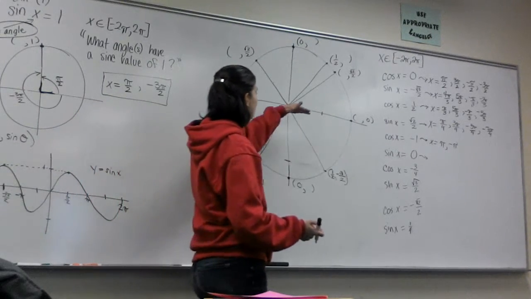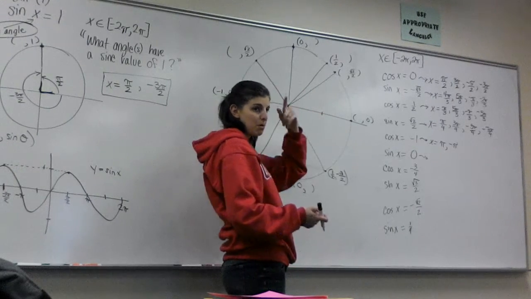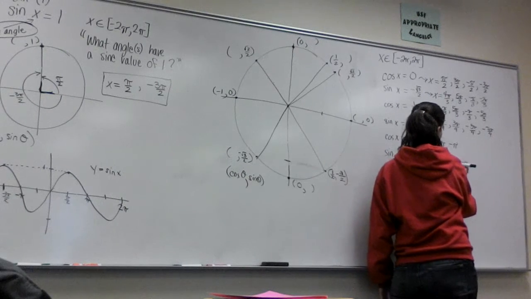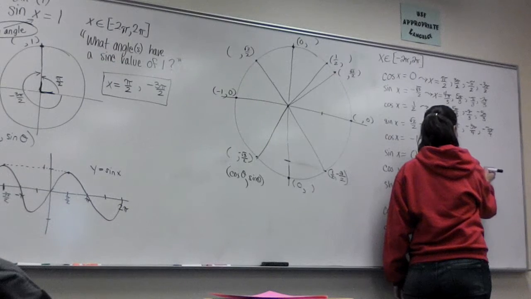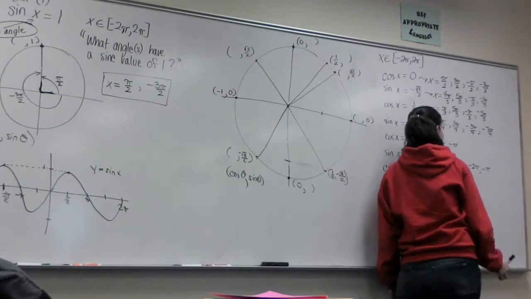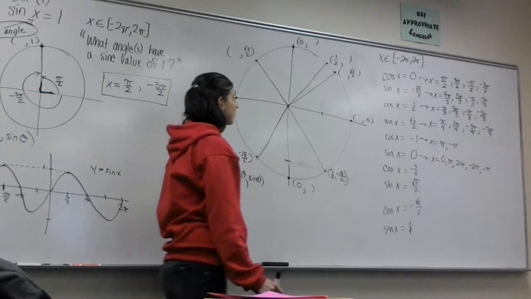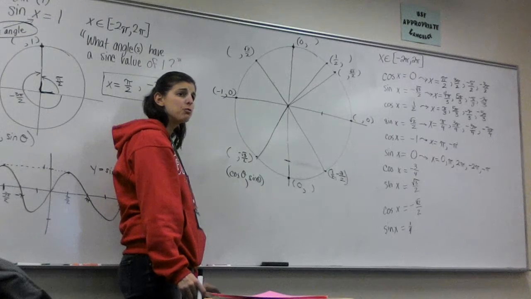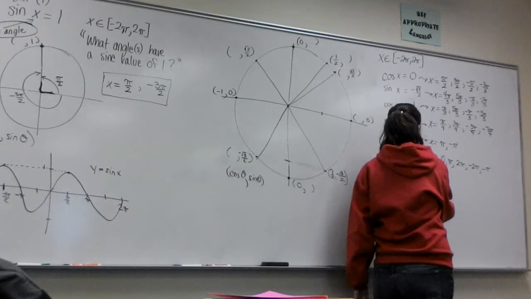What angles are this one and that one? 2 pi is one. Pi is another. Negative 2 pi is another. Negative pi is another. We're missing one. 0. Very good. Again, you are allowed to have answers of 2 pi and negative 2 pi on the closed interval.